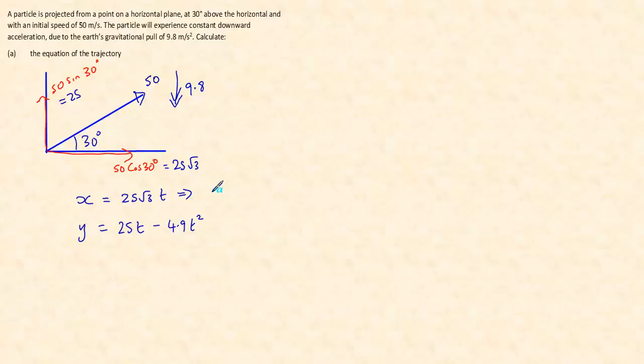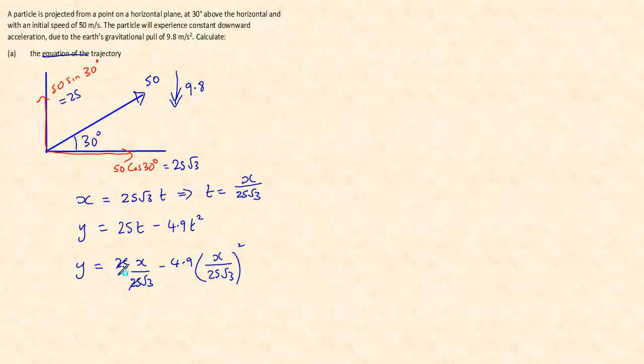This one here tells me that t is equal to x divided by 25 root 3, and of course to get the equation of the trajectory we want to eliminate t, so we'll substitute this into here, and y is going to be 25 x over 25 root 3, take away 4.9 x over 25 root 3 squared.